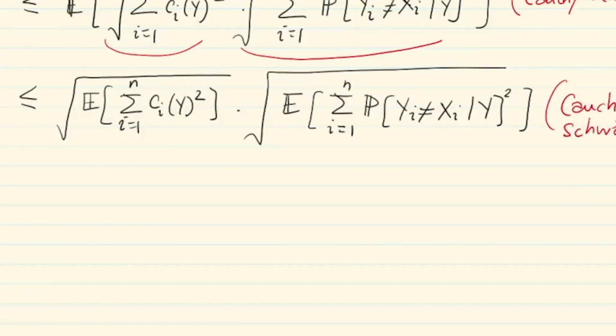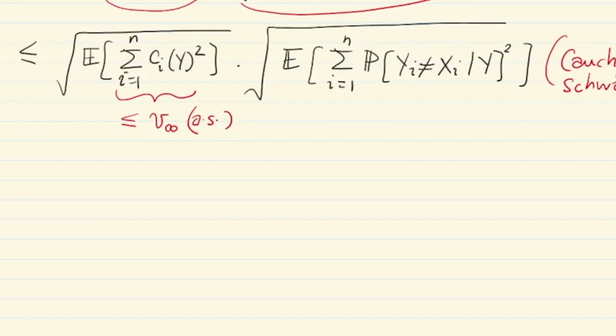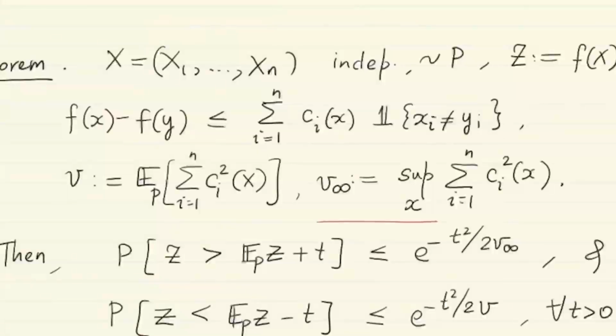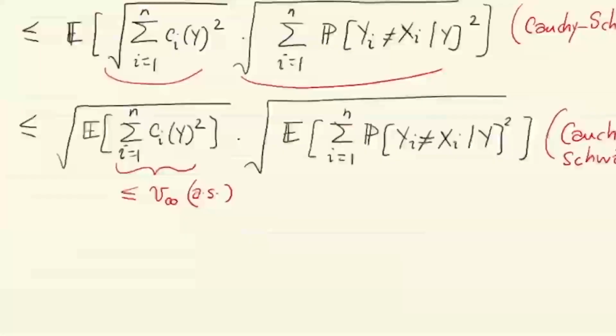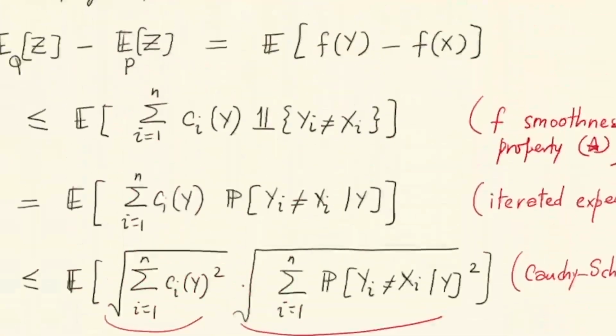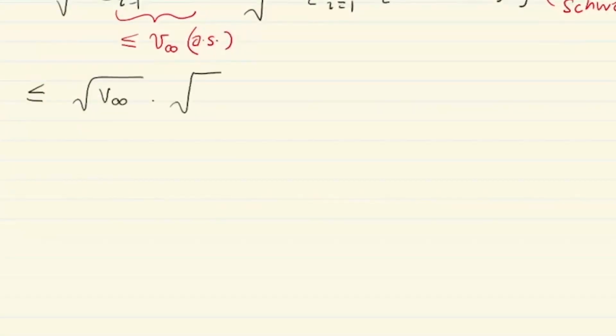And it's useful to notice here that the quantity inside the first expectation by definition is almost surely upper bounded by V infinity, as per our definition of V infinity, which is basically the largest possible value of the sum of Ci squares. So finally we get that EQZ minus EPZ is upper bounded by square root V infinity into the square root of this sort of transportation cost like term.